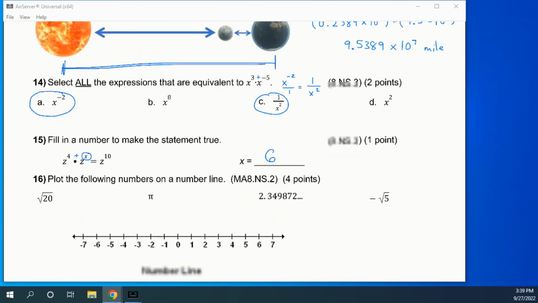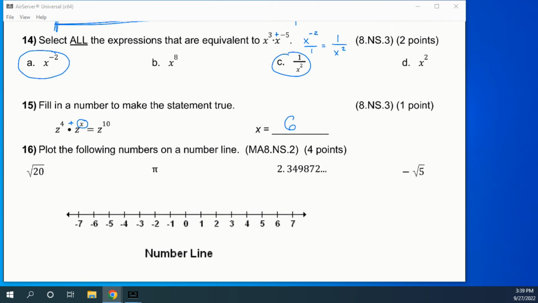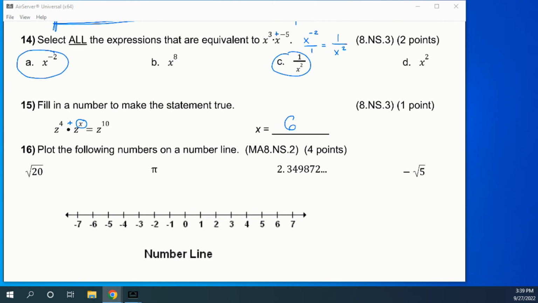Okay. All right. Plot the following numbers on a number line. So we did deal with these a little bit in terms of like estimating. These are rational numbers. So what I would do is I would probably just use a calculator on these. I'm going to kind of not estimate, approximate.